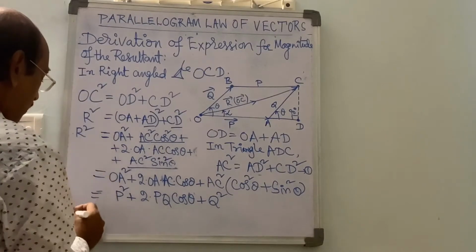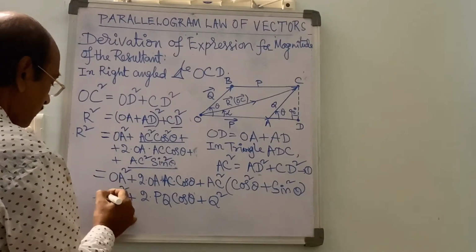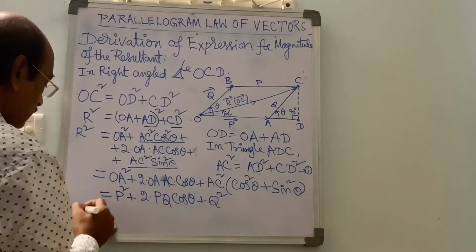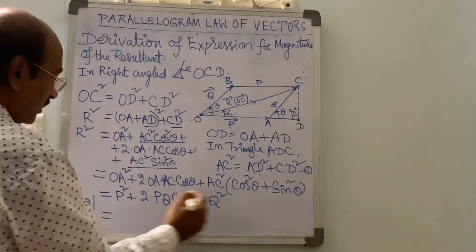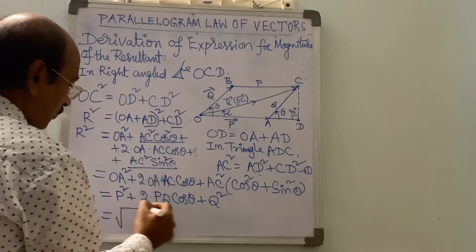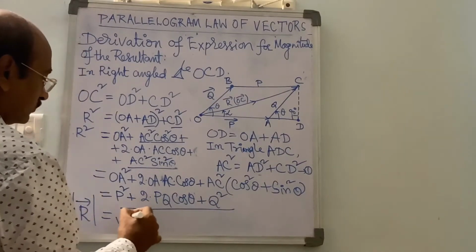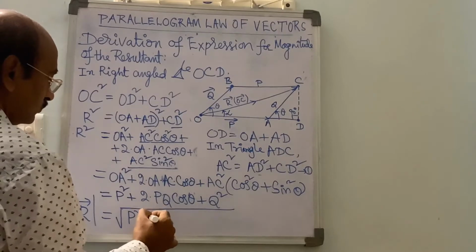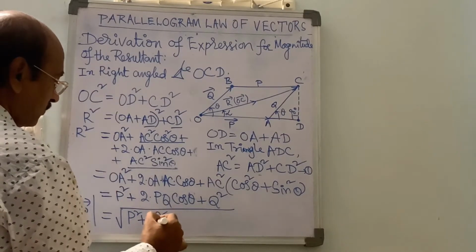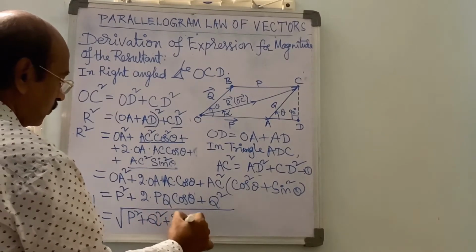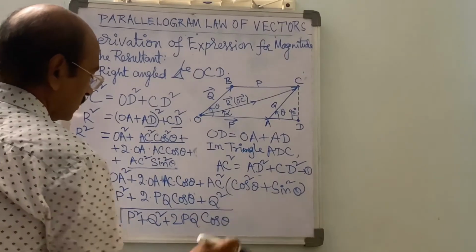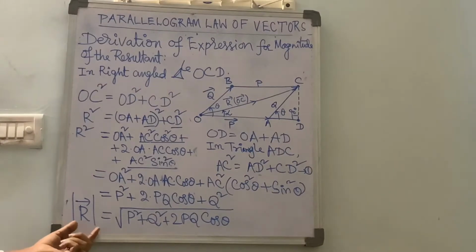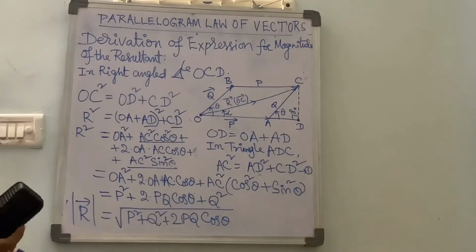So here we only require the magnitude of resultant. So R bar magnitude by taking the square root: p square plus q square plus 2pq cos theta. This is the expression for magnitude of the resultant.